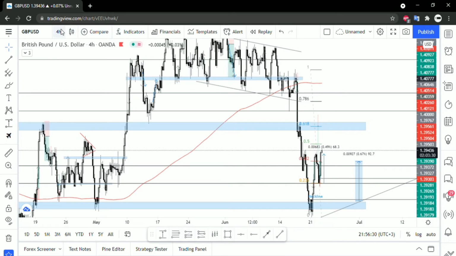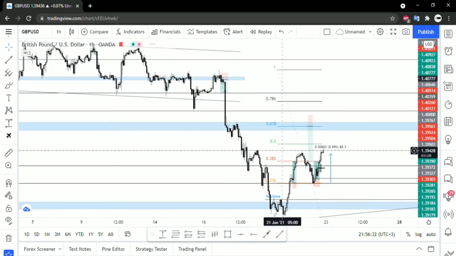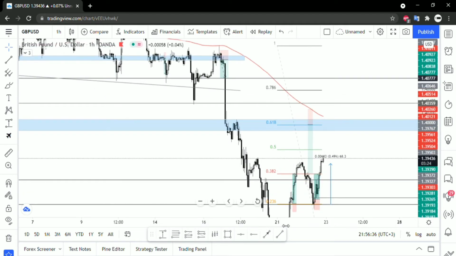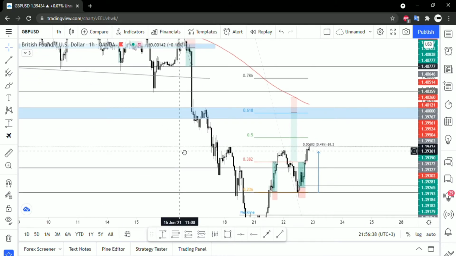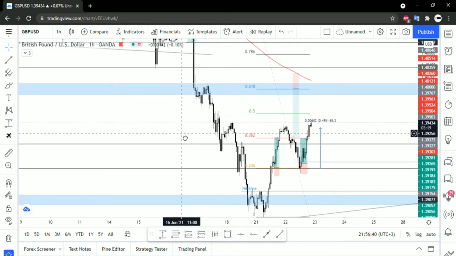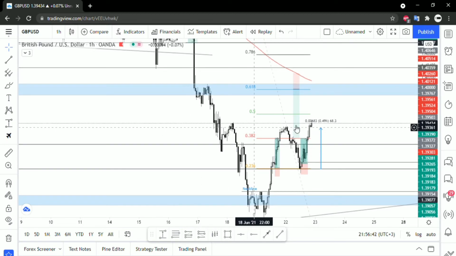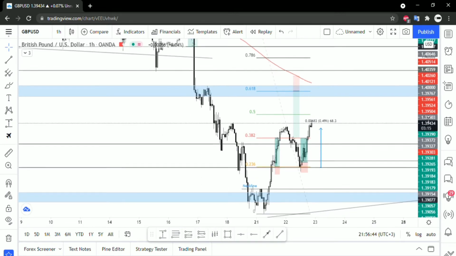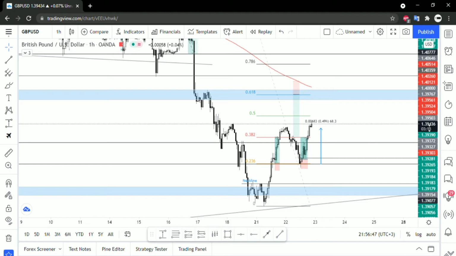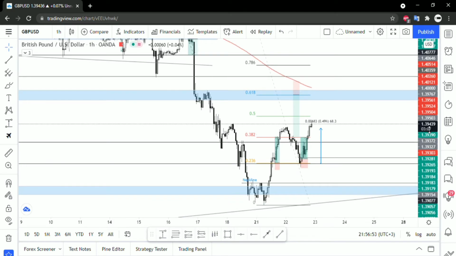So that's what happened right here, and the market continued to move even lower. That's insinuating that the US economy was becoming stronger and stronger, as in this case GBP USD has the USD as the quote currency.